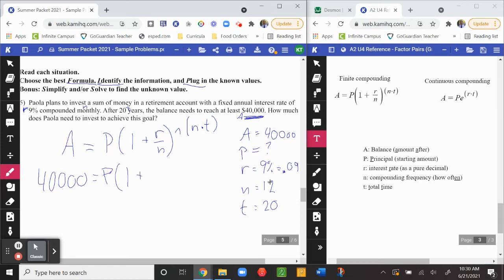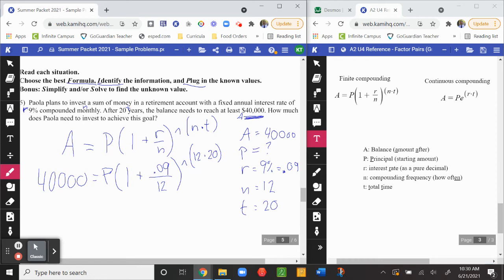Parentheses, 1 plus my rate, 0.09, over my frequency, 12, all raised to the n, again, 12, times t, or 20. Okay, so that is all that I need to do. I chose the best formula, identified the information, and plugged in the known values.